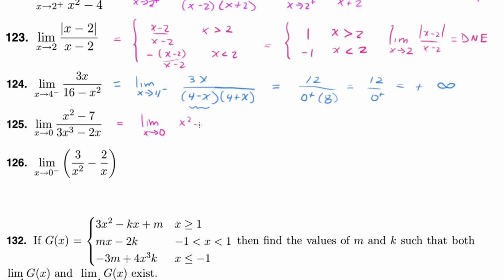So x squared minus 7 over x times 3x squared minus 2. If you want to go a little bit further, you can keep factorizing that. x times 3x squared minus 2 is going to factorize into radical 3 x minus radical 2, radical 3 x plus radical 2.